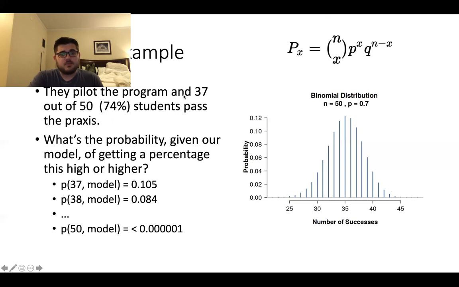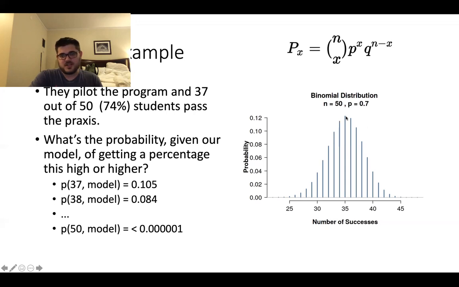Let's say they do the pilot program, and 37 out of 50, that's 74%, of students pass the Praxis. Now, 74% is better than 70%, but you should know by now that when we're dealing with sampling error, even if no change has occurred, it still might be really 70% and the program did nothing, but we just happen to see a result that's within the realm of possibility.